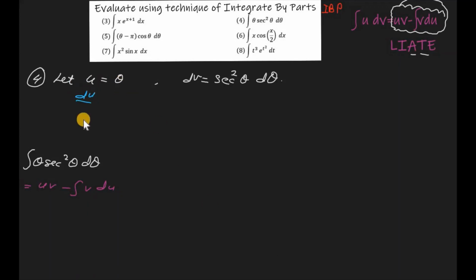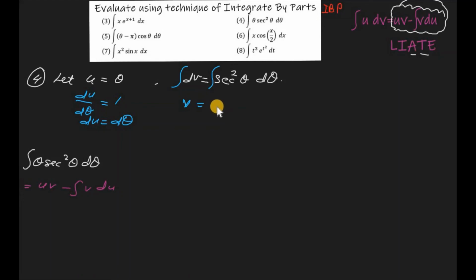So here, to get the du d theta, in this case for the variable is 1, so meaning du is d theta. We can replace our du there. And for this portion we need to get the v. So how to do it? We integrate both sides. Integrating dv, we get v. And integrating secant square, we need to look at the formula list.